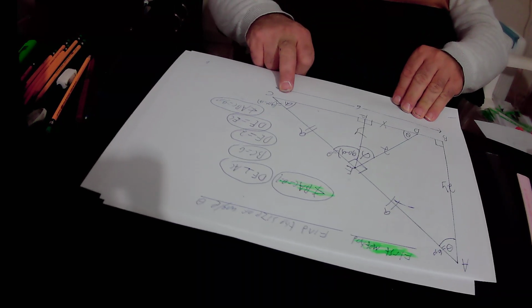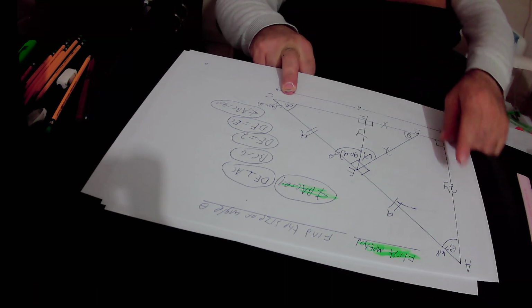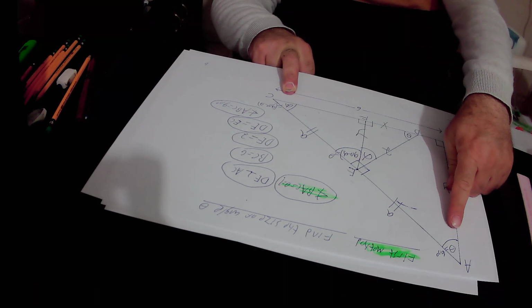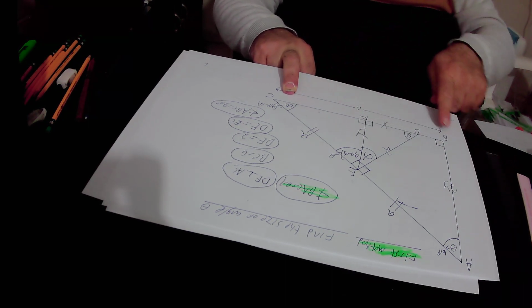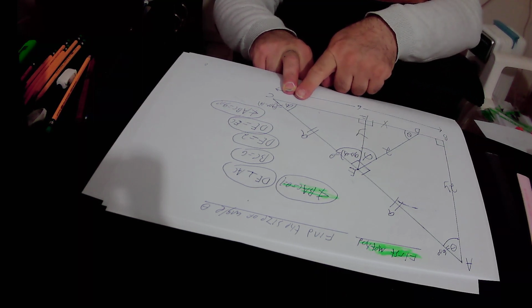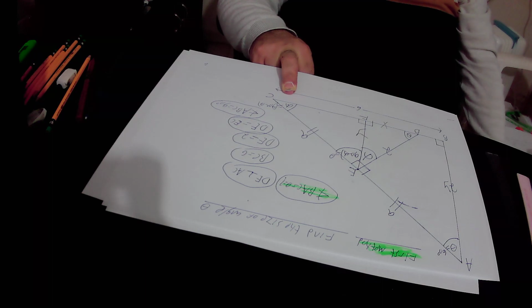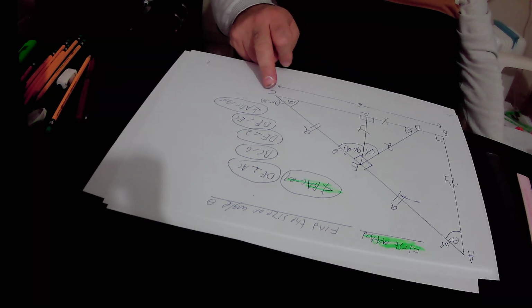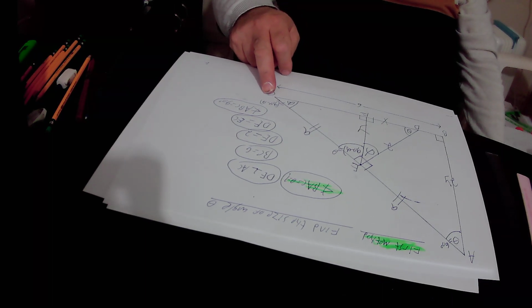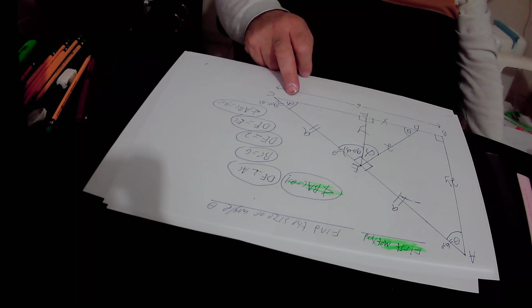So we define this angle as angle alpha. If this angle equals theta, then in this right triangle this angle must be equal to 90 degrees minus theta. So this angle equals 90 degrees minus theta, and according to our definition, it is equal to alpha.